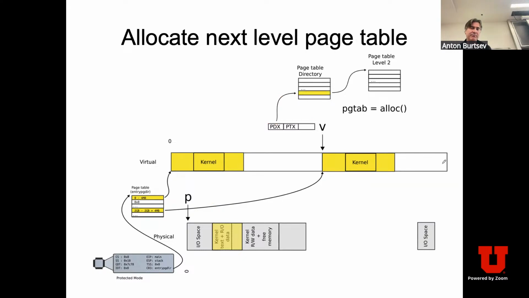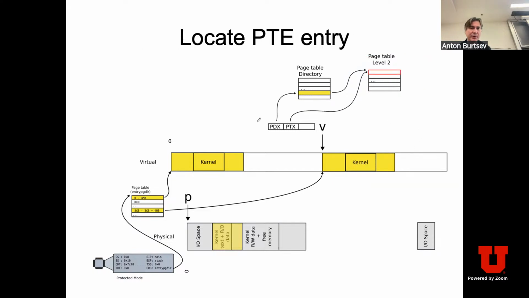And again, if this second entry exists, it's fine. If not, I will allocate memory for the second level with this kalloc function. But at a high level, I will use these 10 bits of the address to locate the entry in the page table directory, and the next 10 bits to locate the entry in the page table itself.